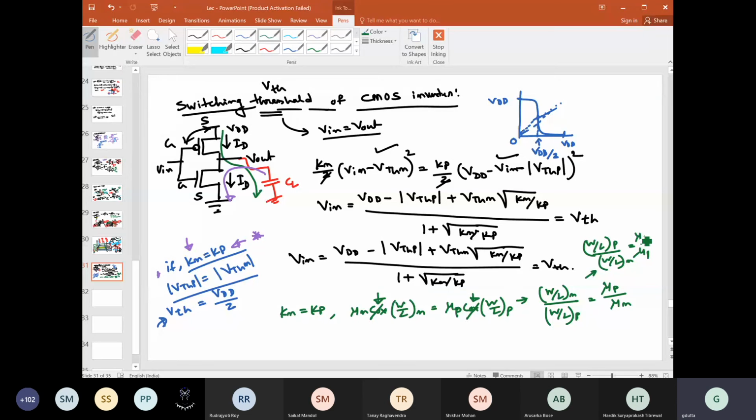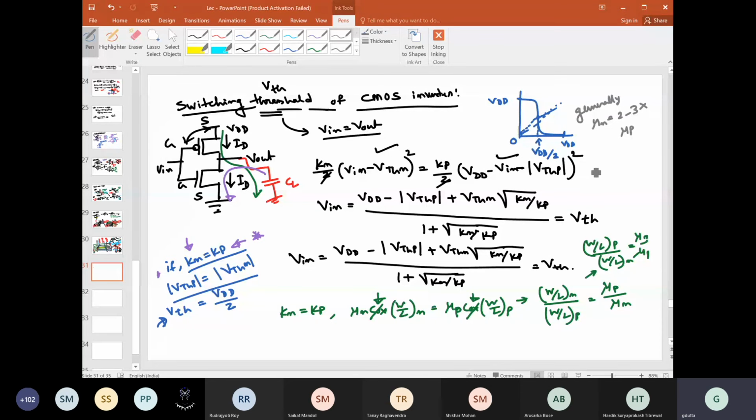And you know the values of mu N and mu P in the case of silicon MOSFET, and generally mu N is 2 to 3 times that of mu P, right?